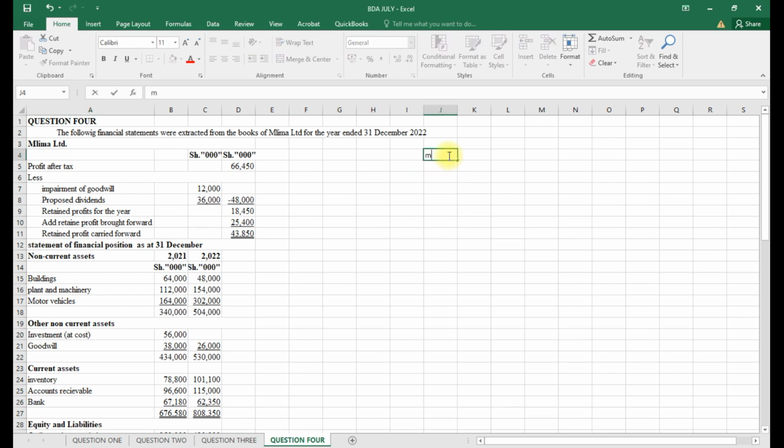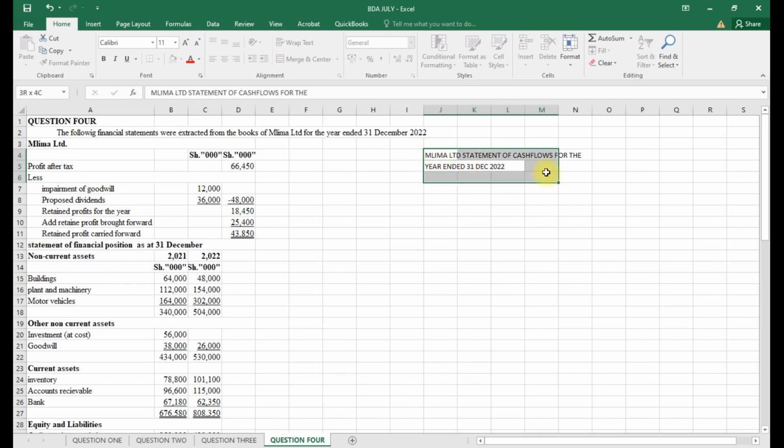Mulima Limited, statement of cash flows for the year ended 31st December 2022.